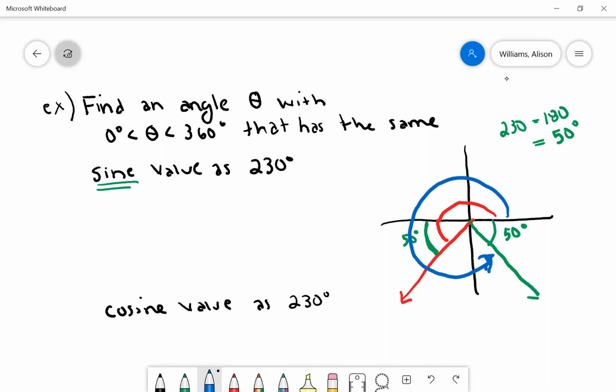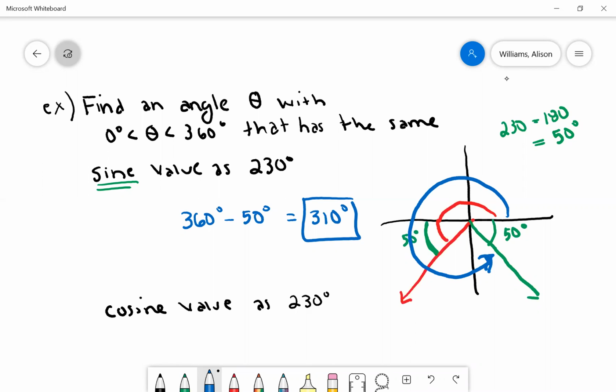To figure that out, since it's just a little bit short, I'll take 360 and subtract 50, and that'll give me 310 degrees. So sine will have the same value at 230 as it does at 310 degrees because their reference angles match and sine is negative in both of those quadrants.